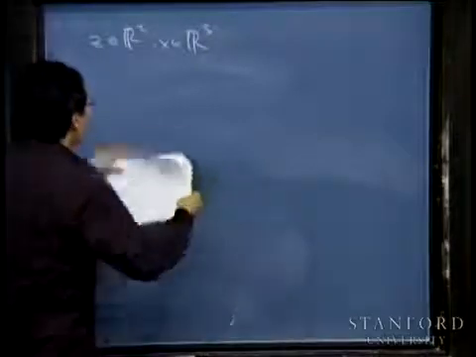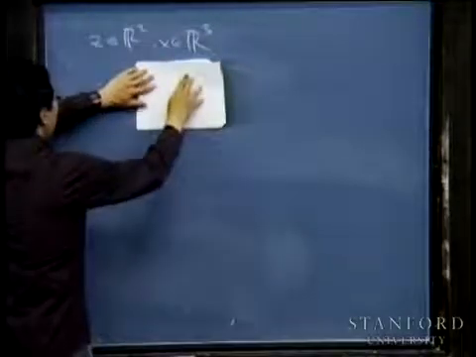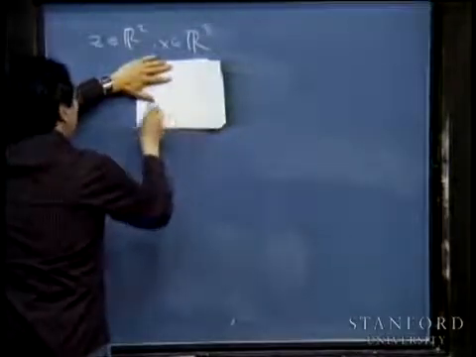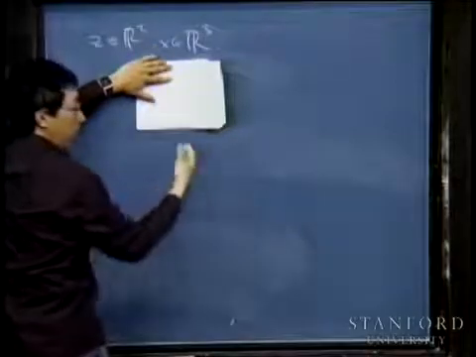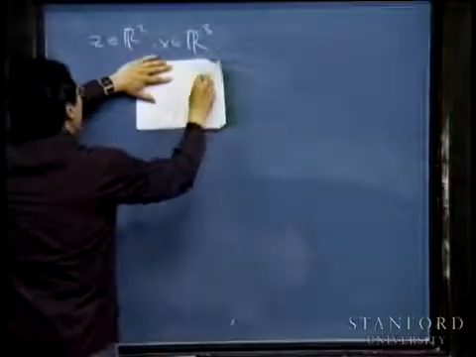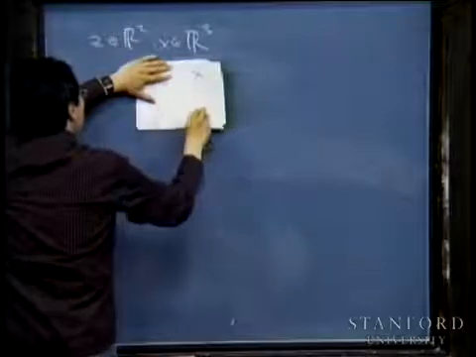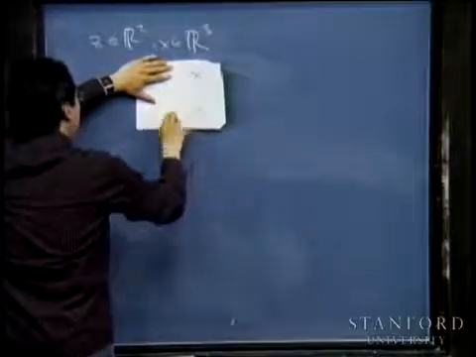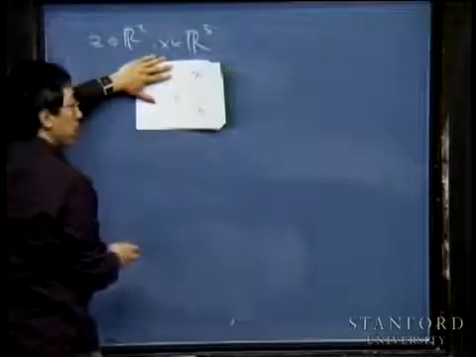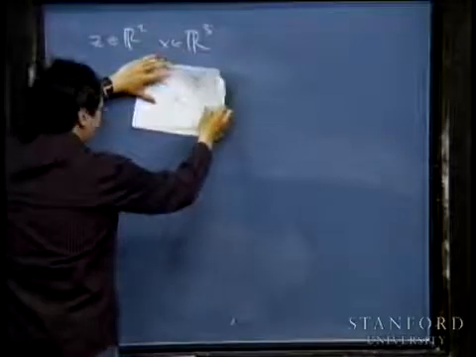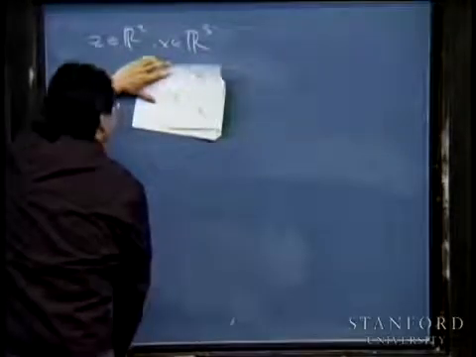I'm going to draw this on a sheet of paper, okay? So let's say the axes of my paper are the z1 and z2 axes. And here's a typical sample of points z.